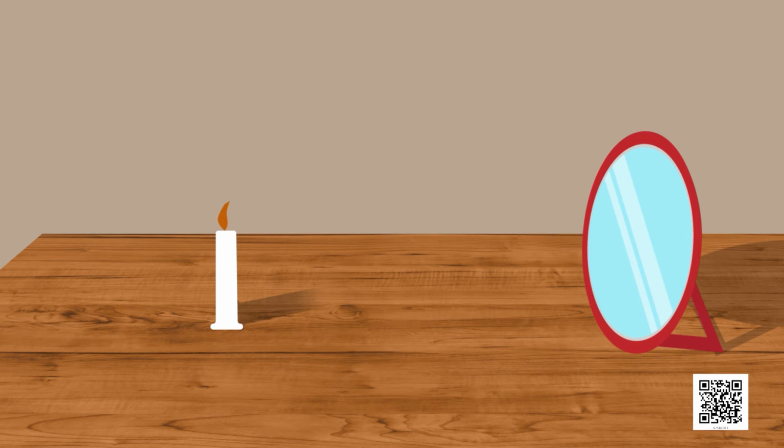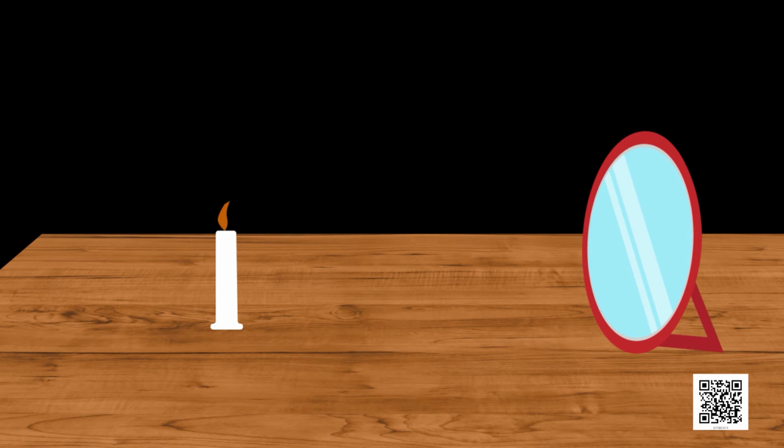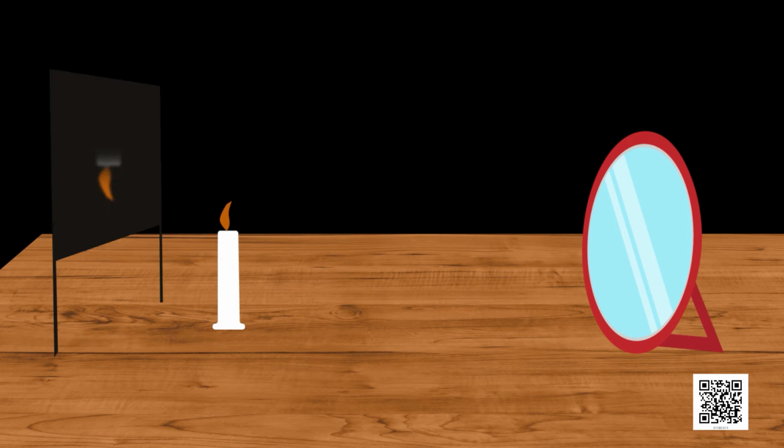Students, for this activity, we need a dark room. So during this activity, switch off all the lights of your room. Here you can see that as we move the candle towards the mirror, we obtain an image of the candle on the screen. Can you observe what type of image is obtained on the screen?